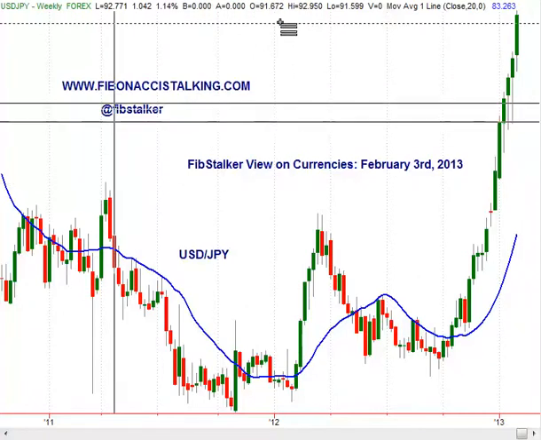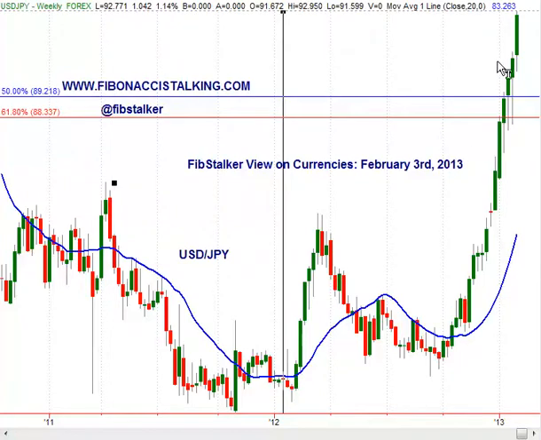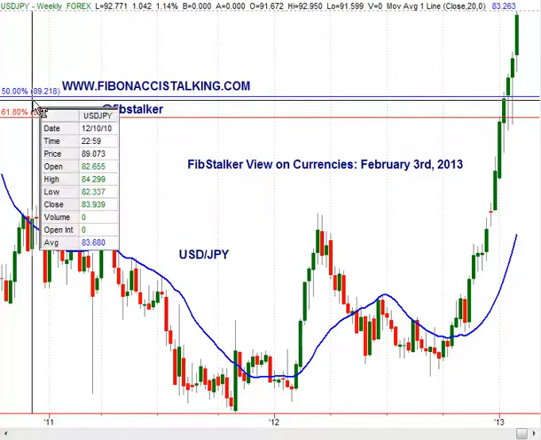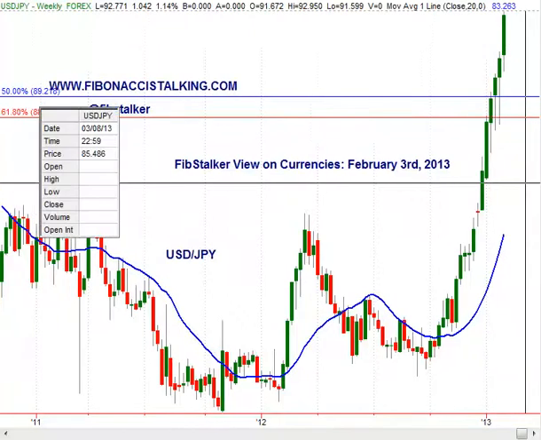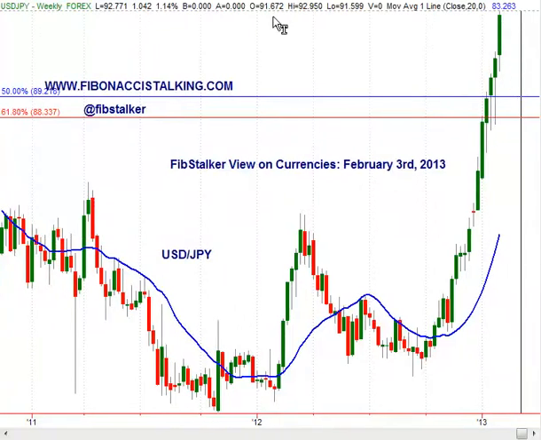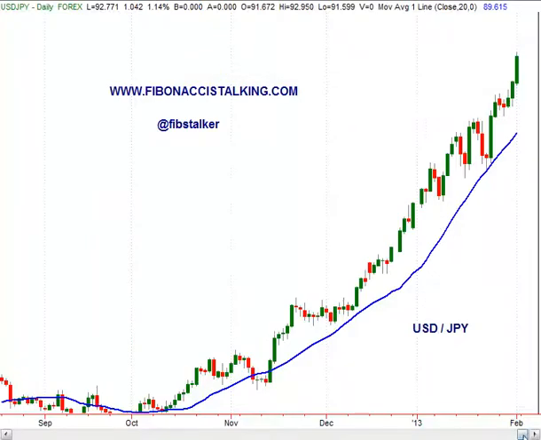What I know is that should a move lower start, let's say next week, and continue, this would bring price into the 89.20 level, and that would be a support level for this pair. So at least the first target. That's the only thing I can say on the weekly time frame.